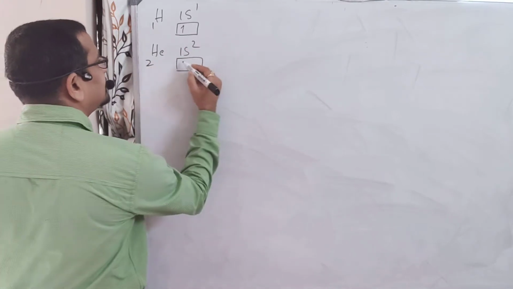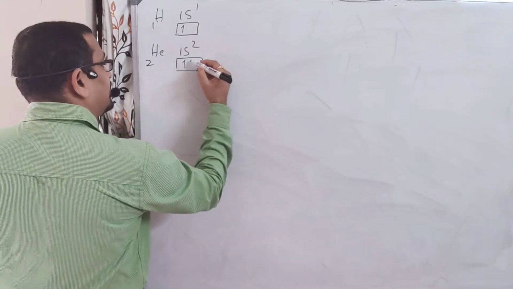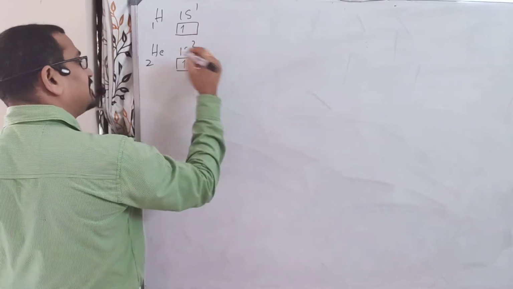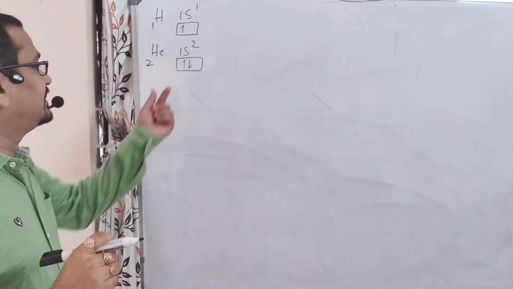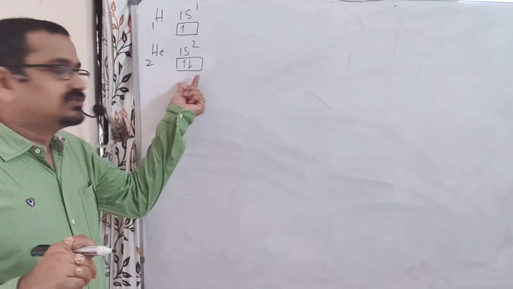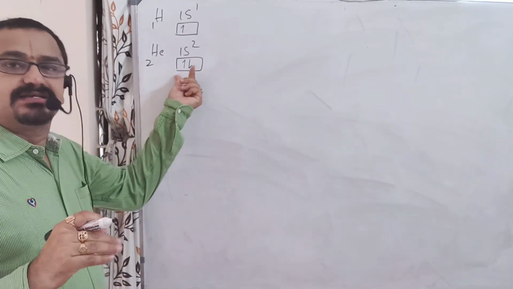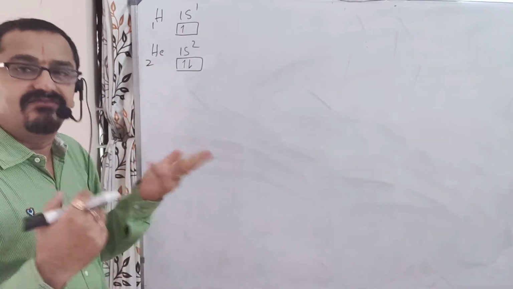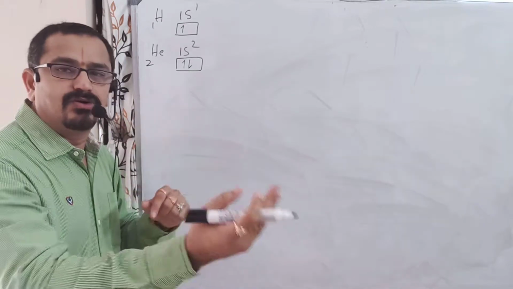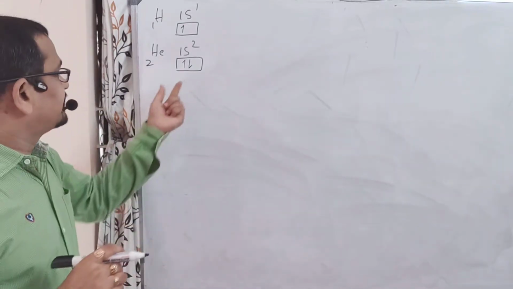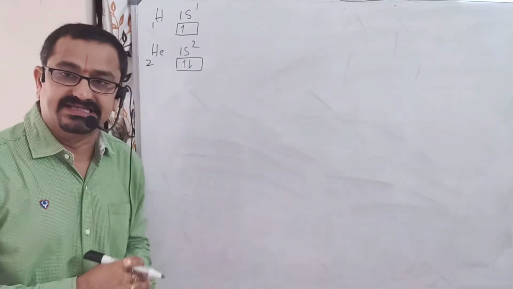The first electron is anyhow with clockwise spin. The next electron, which is also getting filled in the same orbital, obviously should have anti-clockwise spin. Then only they get paired. So in this way, pairing of electrons takes place between those electrons having opposite spin. If both have the same spin, they repel one another and come out by releasing energy. Whenever there is a repulsion, a release of energy takes place.